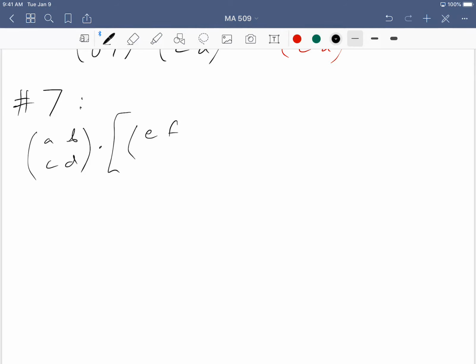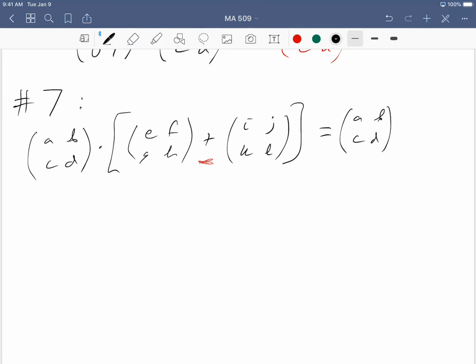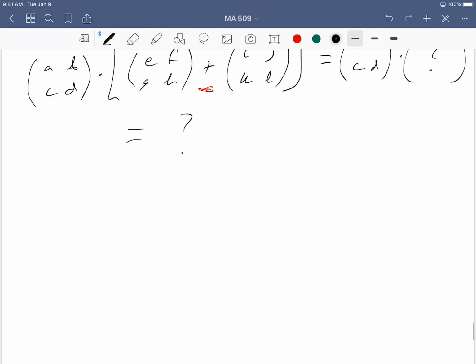So this time we're going to do ABCD times a sum, EFGH and IJKL. Okay, so this is different than the associative property in this first step because inside we've got that sum of two matrices. And so you're going to do this by, like before, do what's inside those square brackets first, and then do out the product and see what you get.